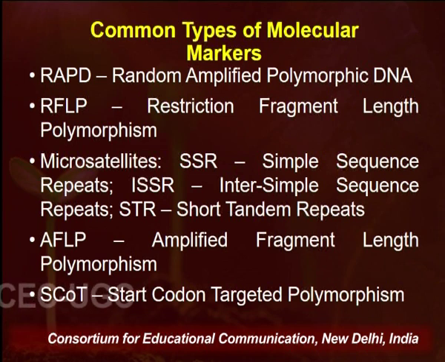Then we have certain microsatellites which include SSR, simple sequence repeats, ISSR, that is inter simple sequence repeats, then STR, short tandem repeats, then AFLP, that is amplified fragment length polymorphism. Then we have SCOT, that is start codon targeted polymorphism.